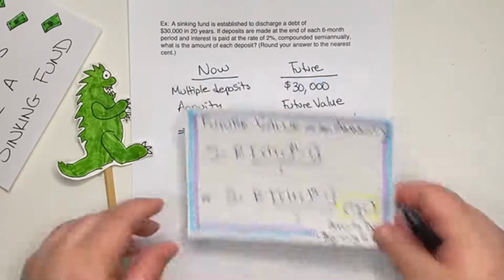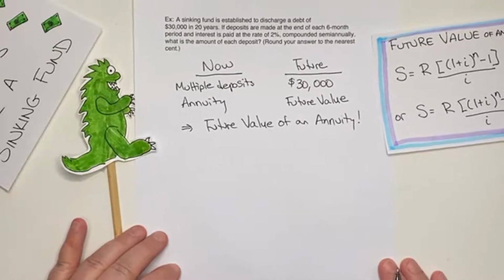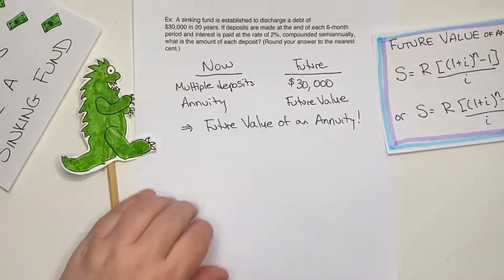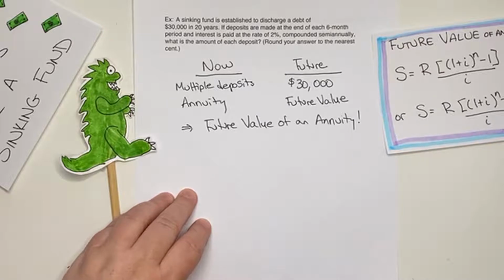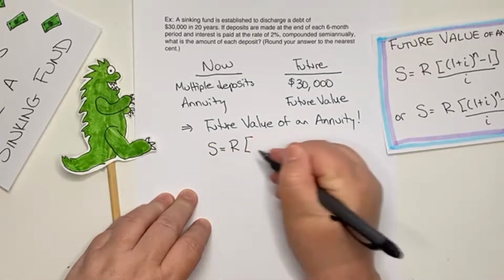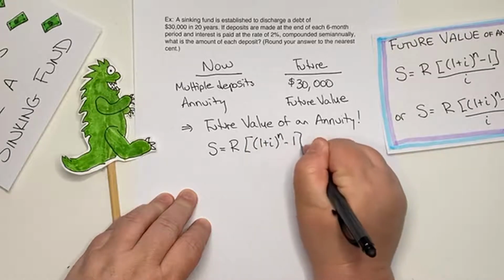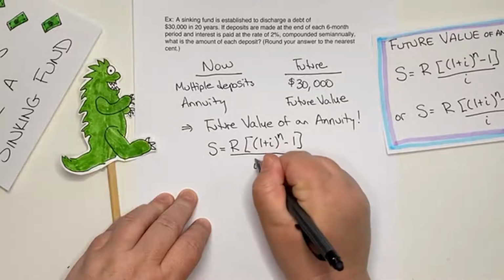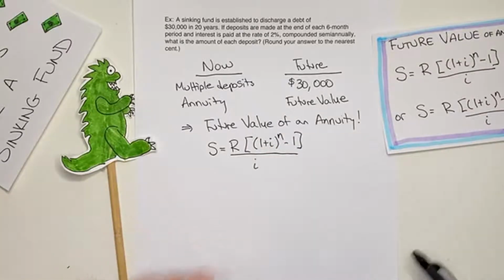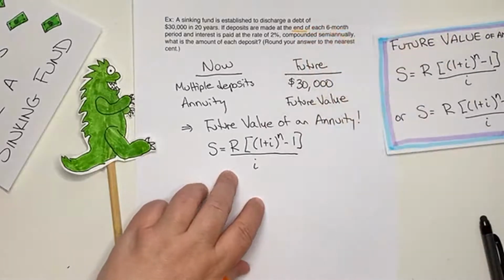Okay, so I'm going to put this to the side as we set up our variables. Again, for our future value of an annuity, and this is an ordinary annuity, I'm going to use S equals R times the quantity 1 plus I to the nth minus 1 all over I. And because this is an ordinary annuity, here's my orange, it's at the end.